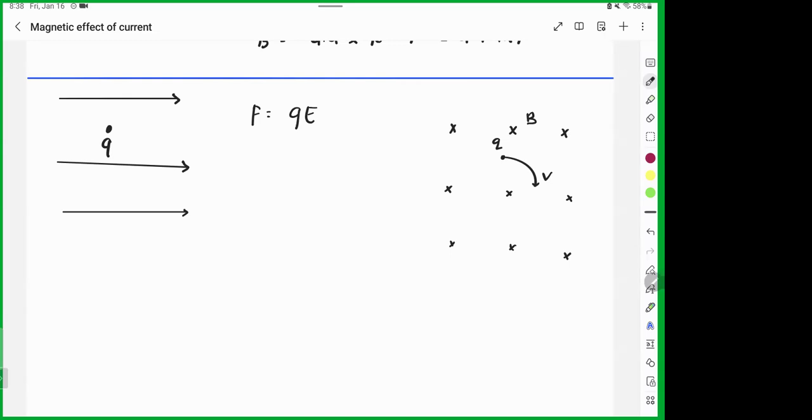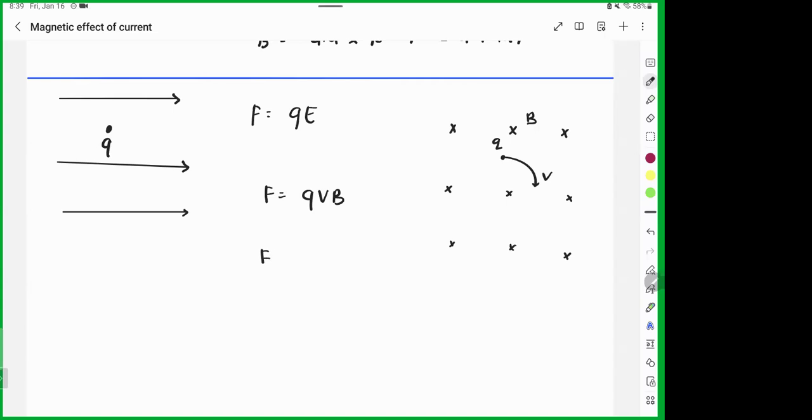So if you ask what the force will be in this case, logically it will be QVB. The charged particle is moving, which means velocity V, in the presence of the magnetic field B. So this is the normal form.